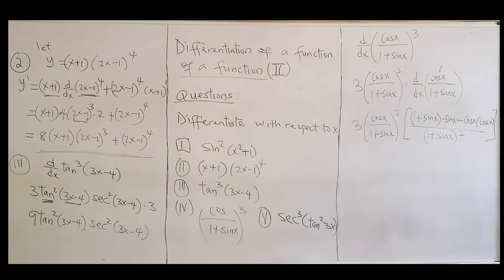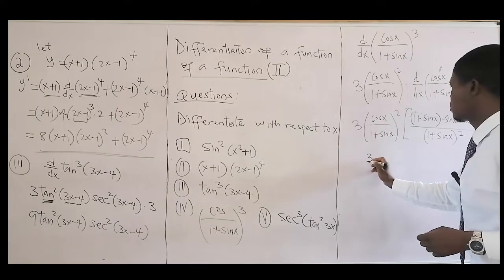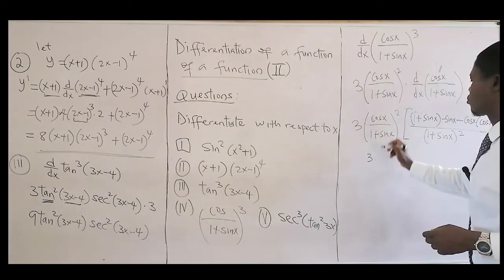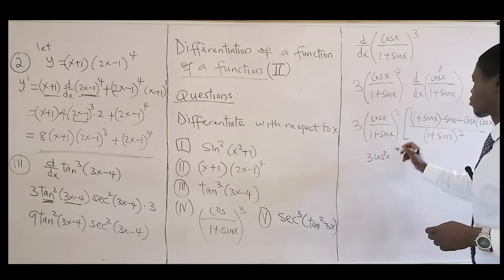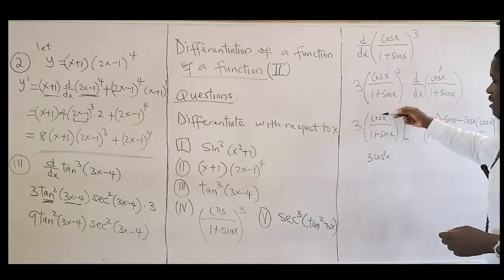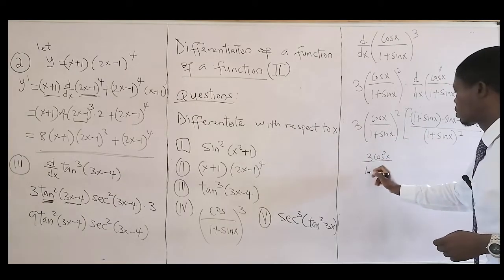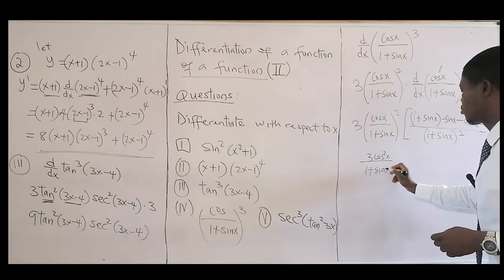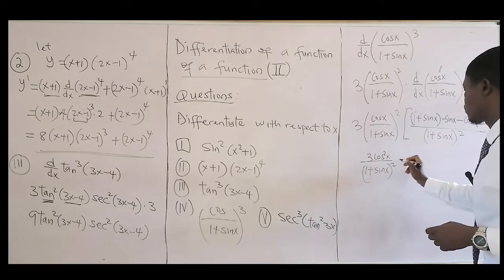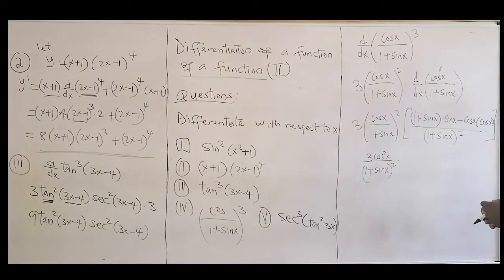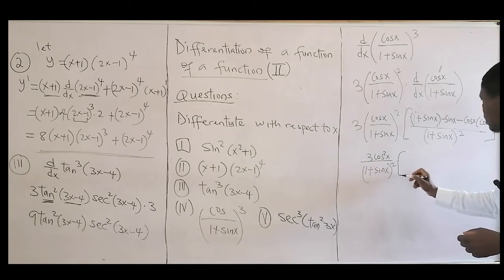Then we're going to have, can we open this one? There will be 3, and this will be cos square x, because this power 2 will affect the numerator and will affect the denominator, so all over (1 plus sin x) square. And then times, I can use brackets.